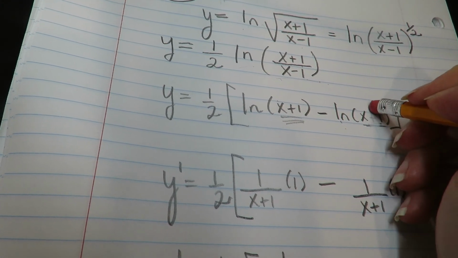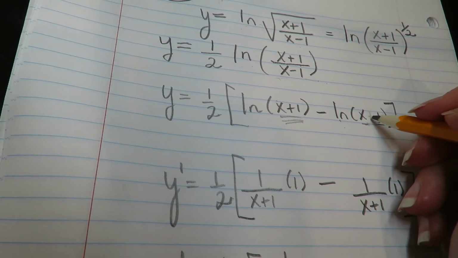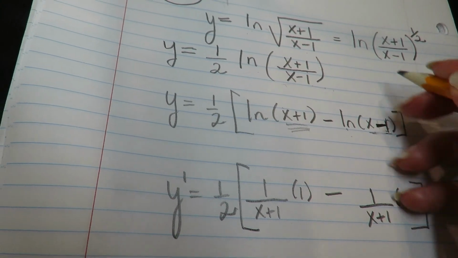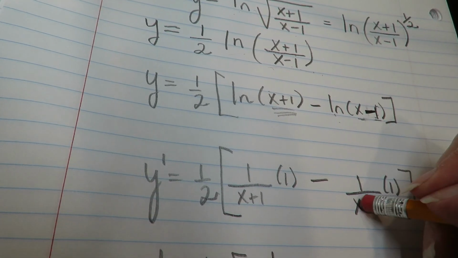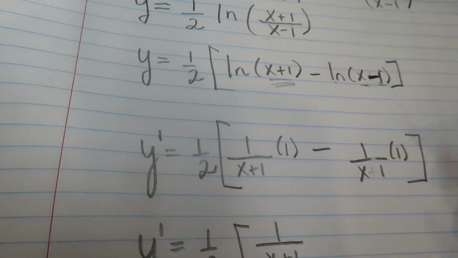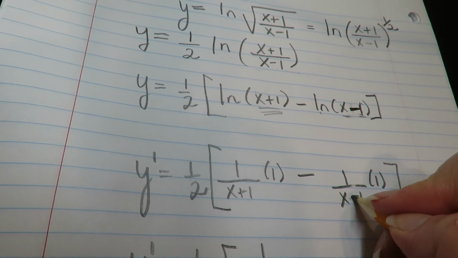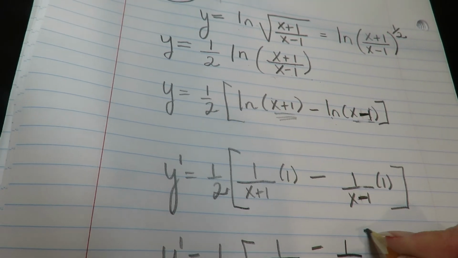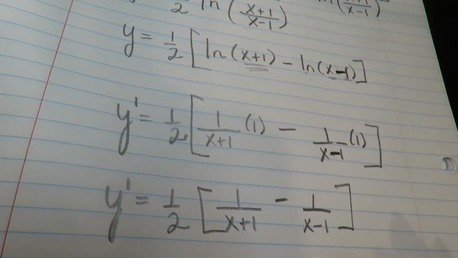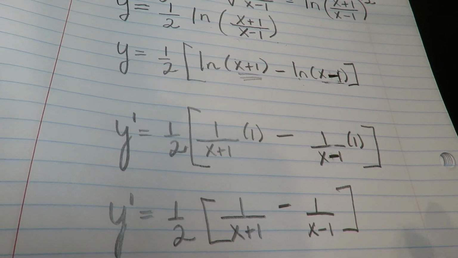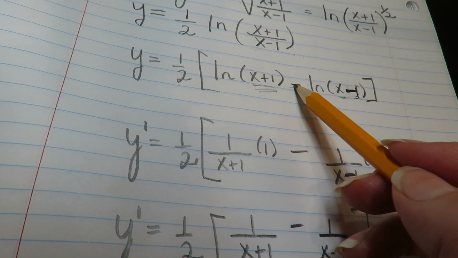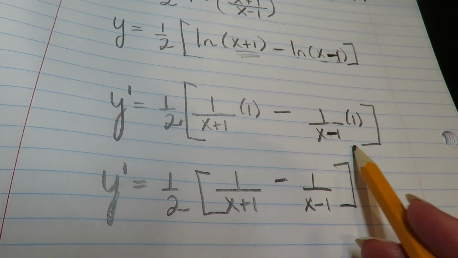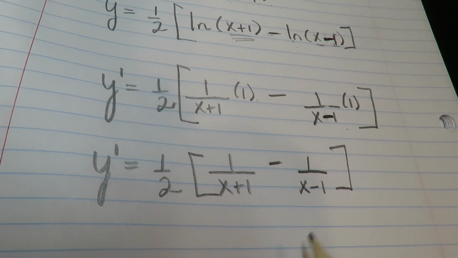I know some of you are like, she did a typo. If I do a typo, give me a moment because I sometimes catch it and I don't have to do the video over. That's a -1, so I have to make sure I keep this a -1. That was just an accident, just a typo. The only thing that I wanted to do is make it a difference. All right, I did my derivatives. Anything times 1 is itself.